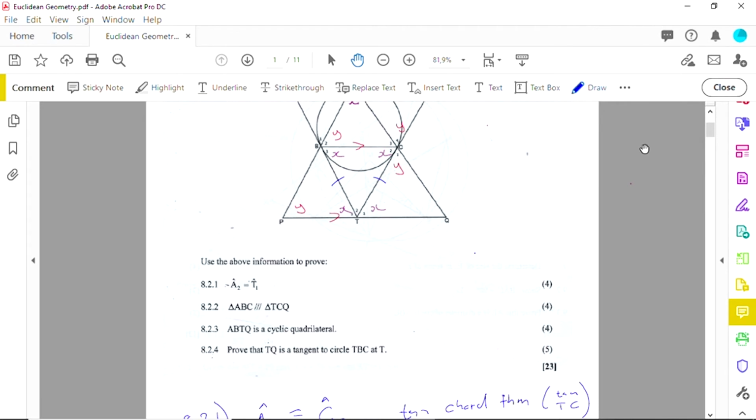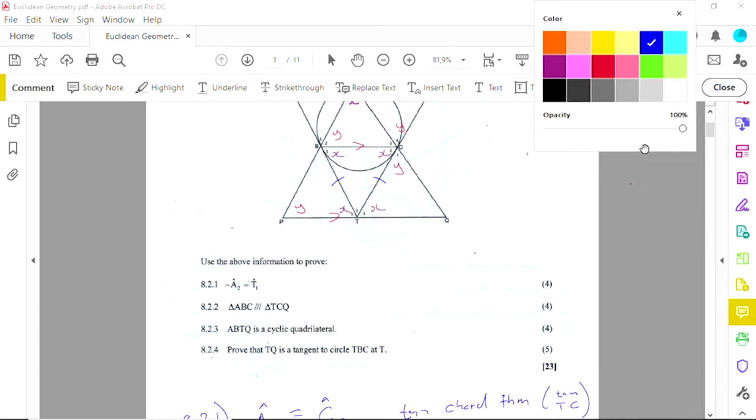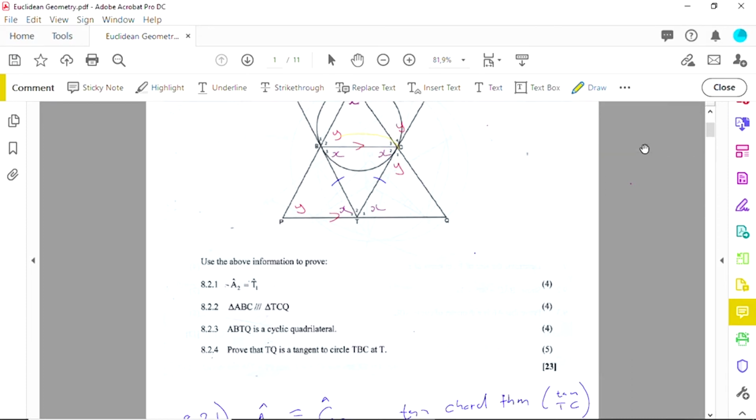So if we have a circle at TPC, excuse my drawing, we want to show that PQ is a tangent to that circle at T. Now, since we're dealing with a triangle inscribed inside a circle, we want to use the tan quad theorem to prove this. So we basically want to show, if we can show that this T1 is equal to B3, we are done.